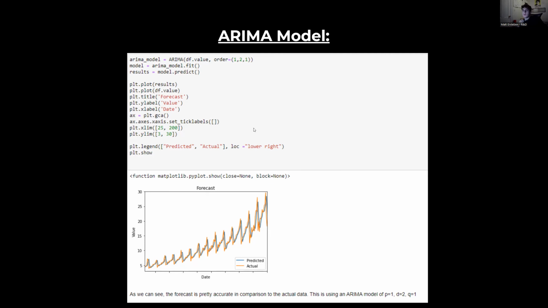Good question. So AR and moving averages, let's say you have a moving average, but there's no autocorrelation between the previous data and what you're trying to predict, right? That's what an autoregressive term is. So an ARIMA model is just a more accurate version of combining everything together.